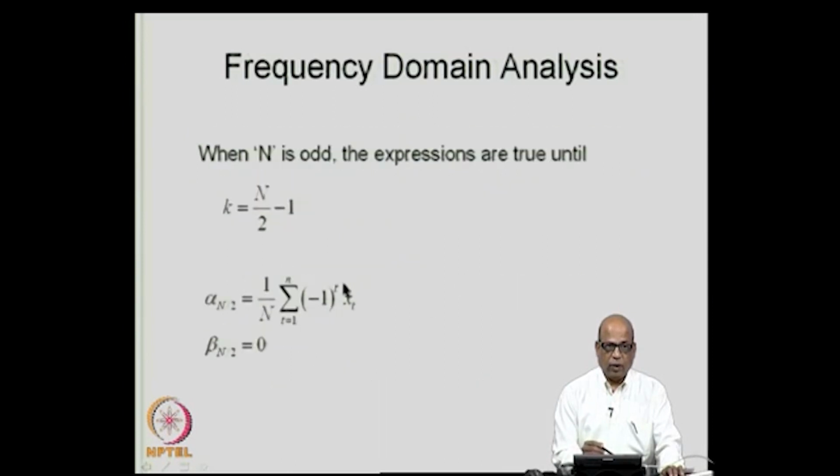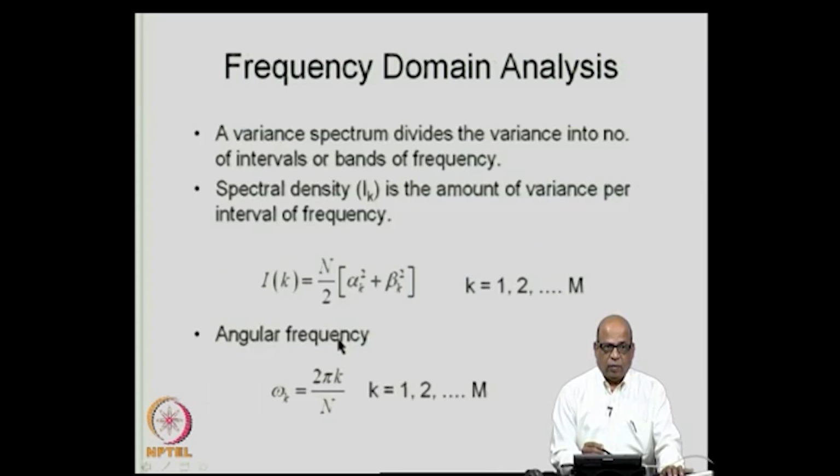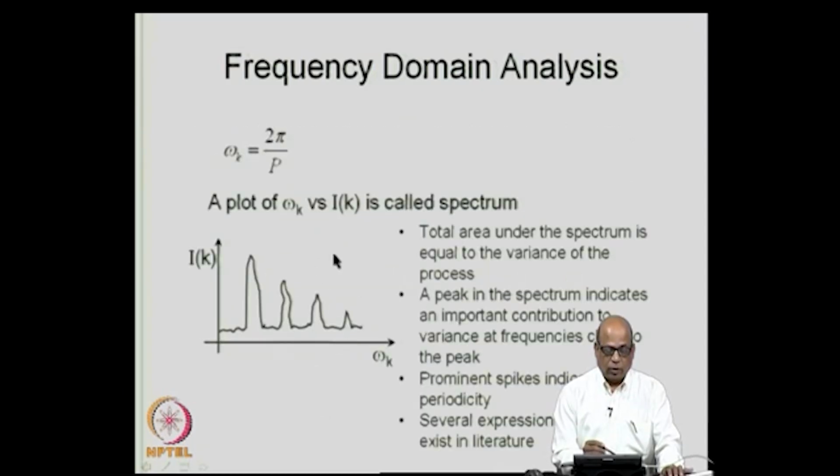Alpha k is determined as earlier using this, beta k is determined using this, and therefore, we know all the terms given a time series. We can determine the omega k values for various values of k, and you plot omega k versus I k. This is called the spectrum in general.